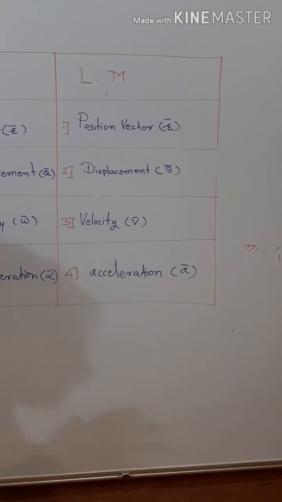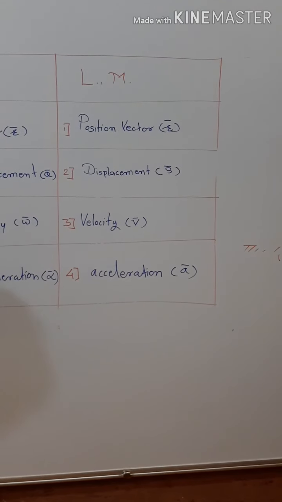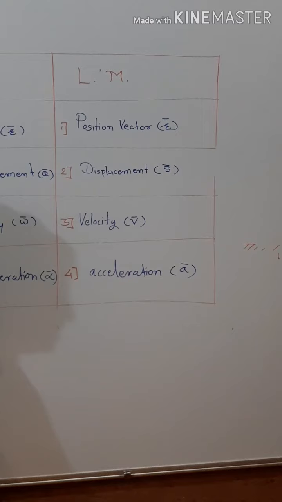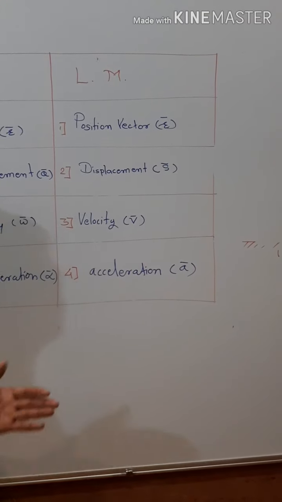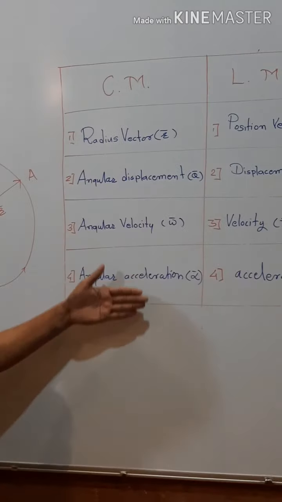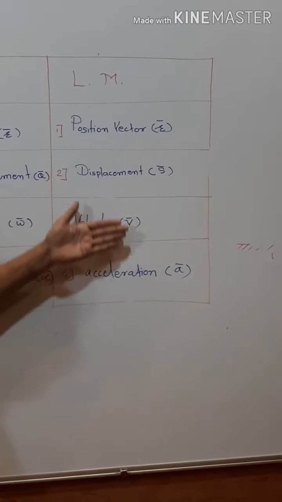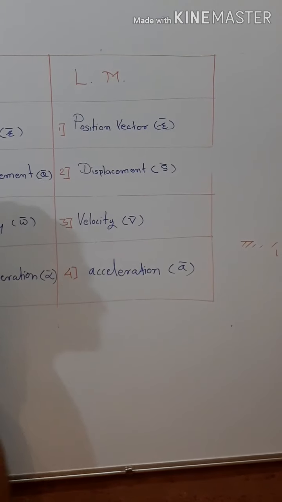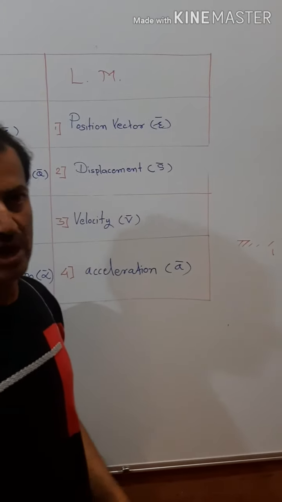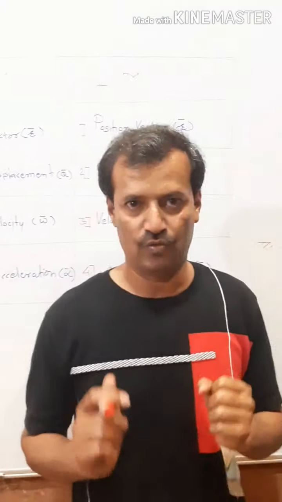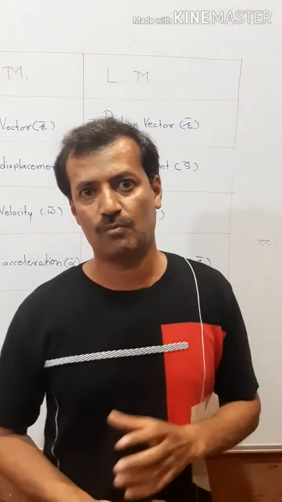In this discussion, we compare the physical quantities from circular motion with the physical quantities from linear motion, because we are already familiar with the phenomenon of linear motion.